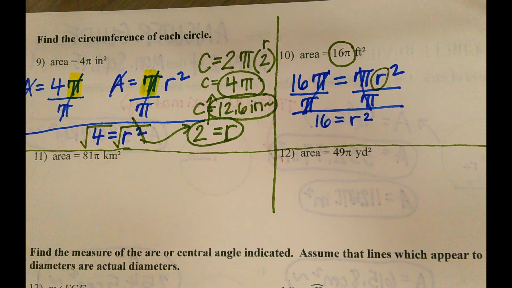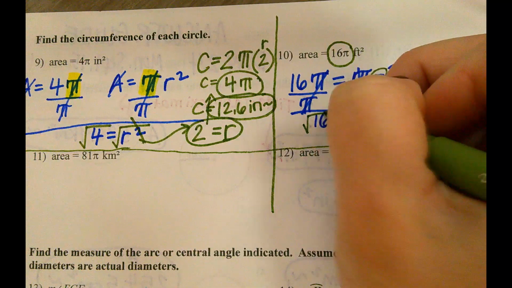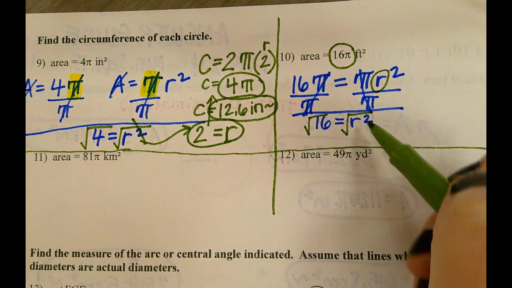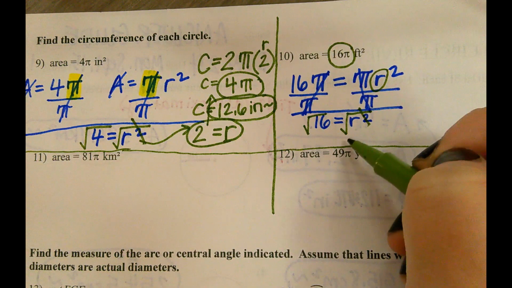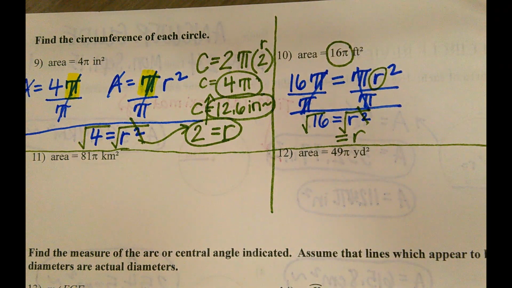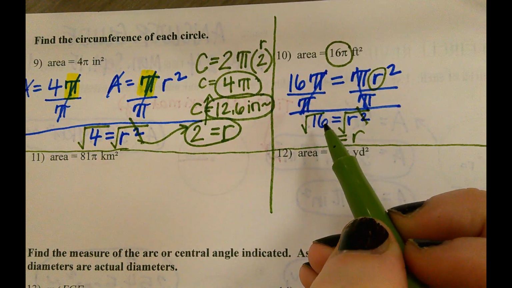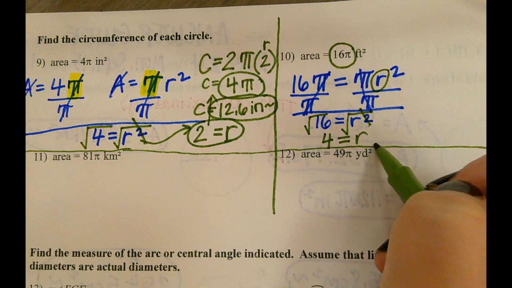And what would my last step be? Square root of both sides. That's going to get rid of the radius squared and give us radius by itself. And let's find the square root of 16. Square root of 16 is 4.